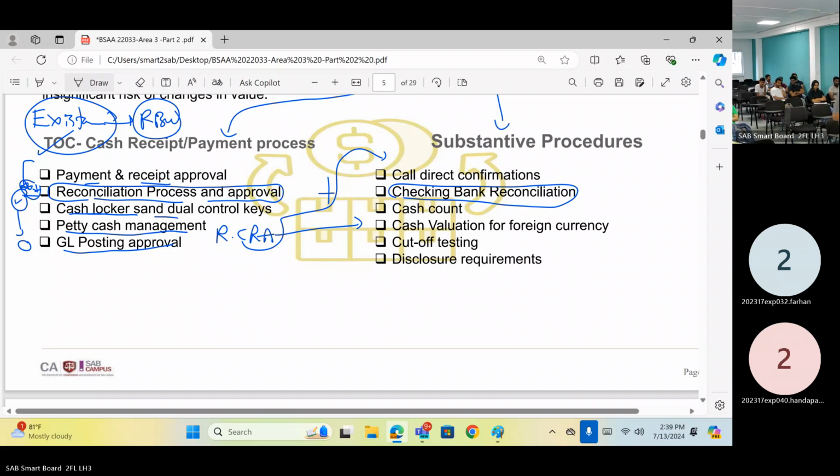Right. I have sent a bank reconciliation to you all. You can go through that and identify what the issues relating to it are. Any observations?